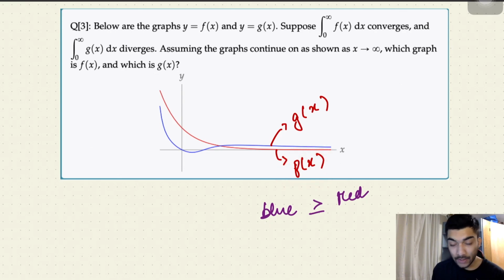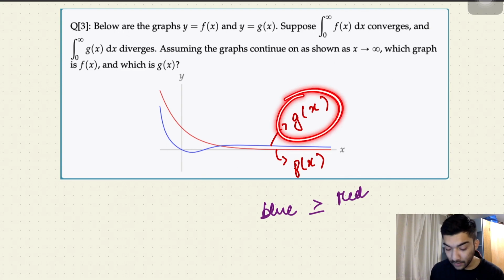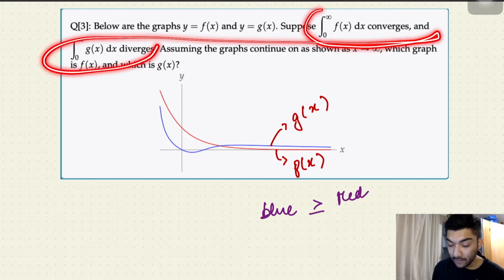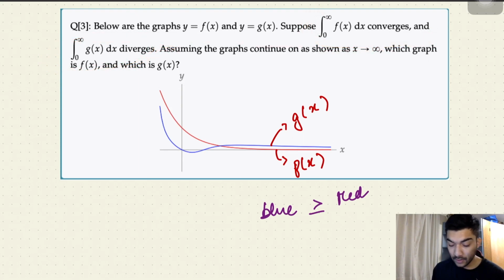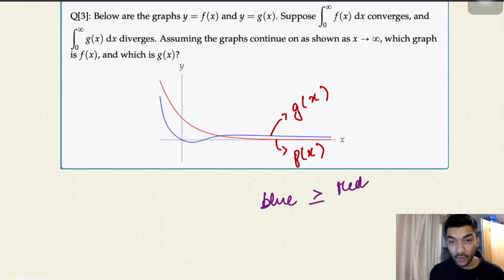That is because even if the area under the curve for f(x) converges, we cannot necessarily say that the area under the curve for g(x), which is greater than that of f(x), will also converge. So the only possibility for these two conditions to be true happens when g(x) is the blue curve and f(x) is the red curve.